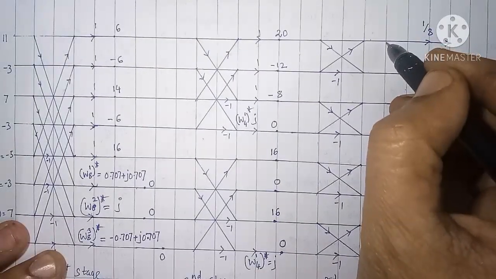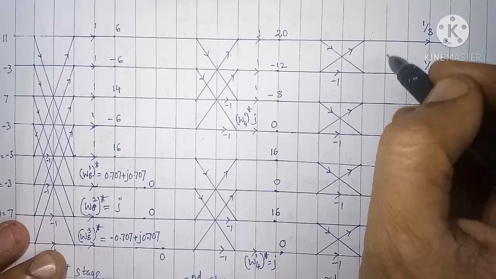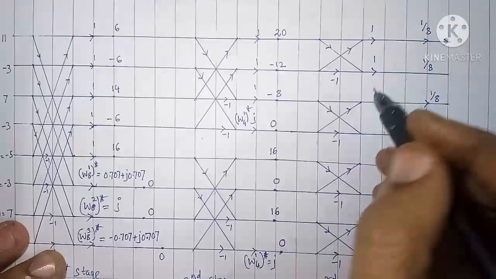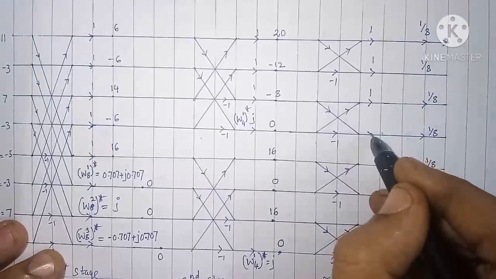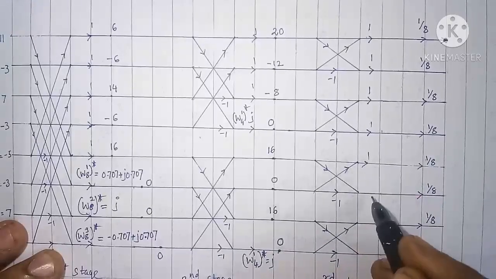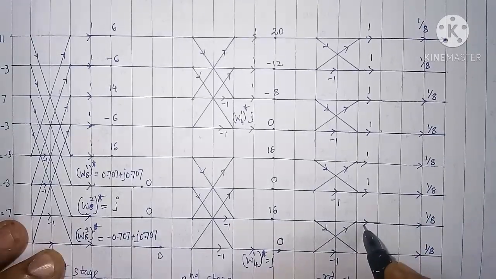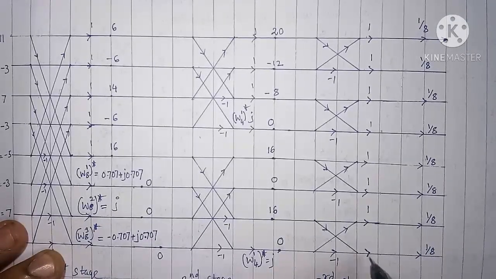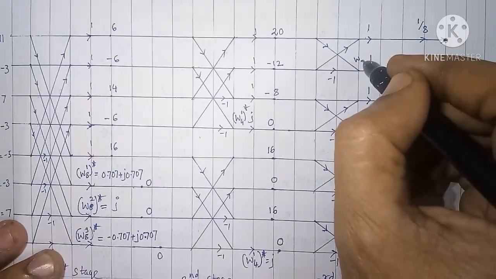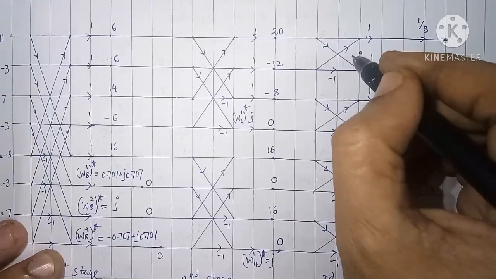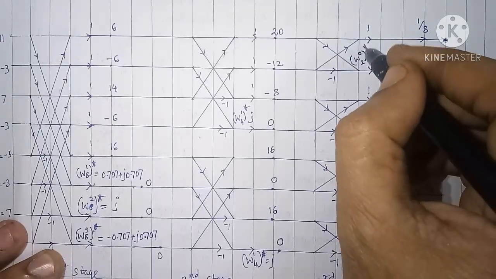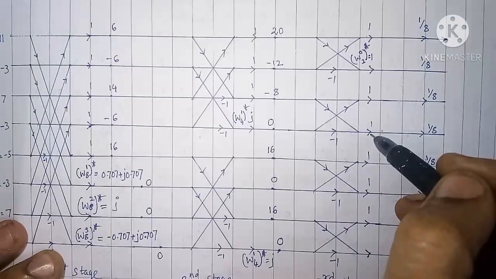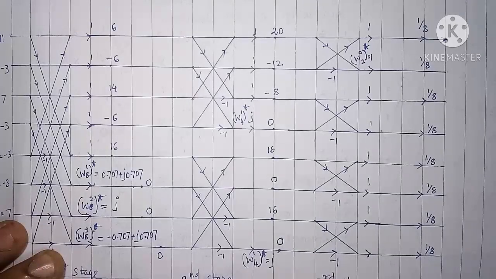So here the gains are 1 for all the output lines, because W2 raised to 0 complex conjugate will be equal to 1 on the second line in each computation. So like this on each alternating line.